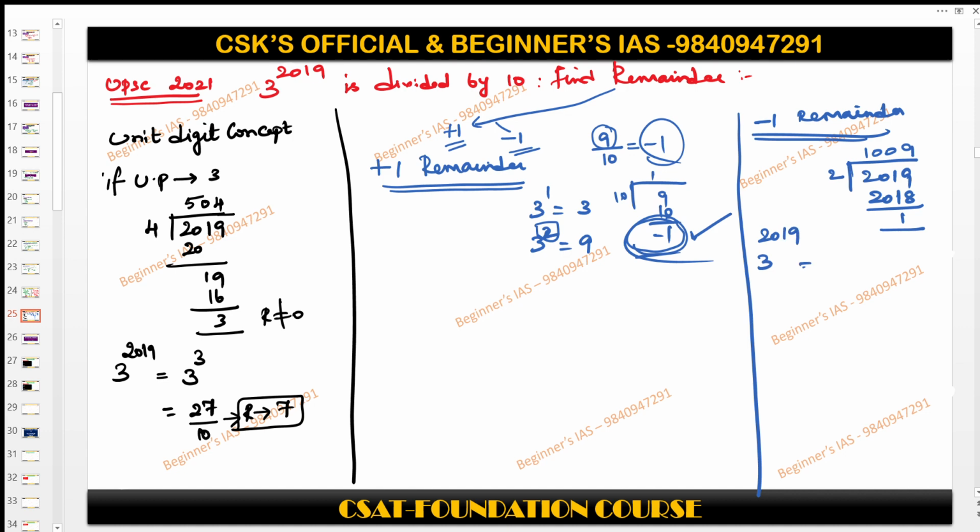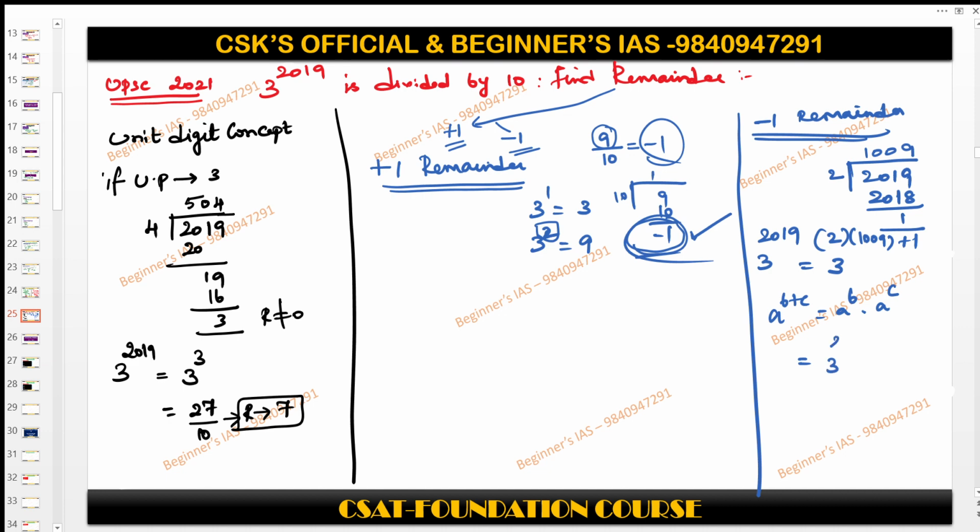3 power 2019 can be written using the division algorithm: dividend is equal to quotient into divisor plus remainder. That logic you need to apply. So this can be written as 3 power 2 into 1009 plus 1. You know the basic concept that a power b plus c can be written as a power b into a power c; if the base is common, powers get added.